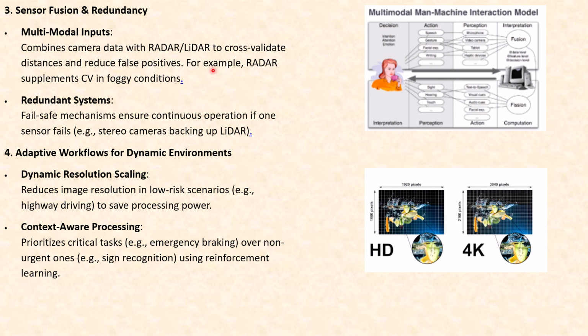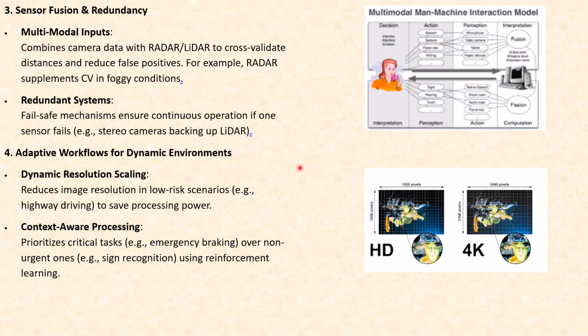Usually computer vision means only the camera, but sometimes it combines data which complements or supplements the CV in foggy conditions. Next come redundant systems. Fail-safe mechanisms ensure continuous operation if one sensor fails, for example stereo cameras backing up lidar.